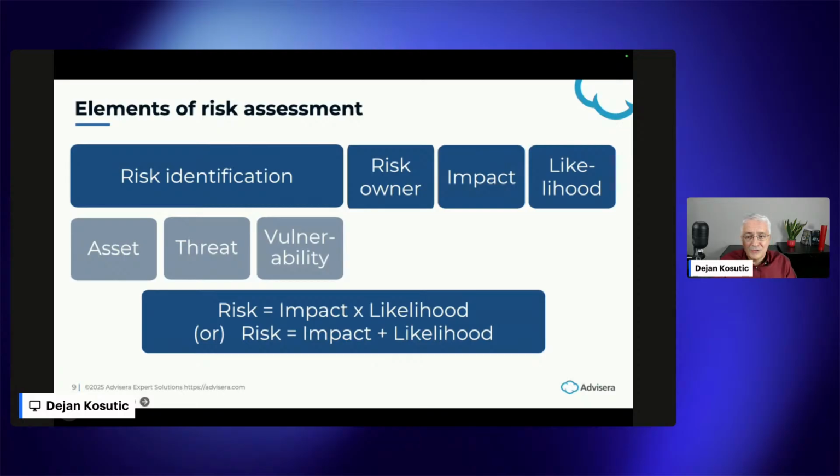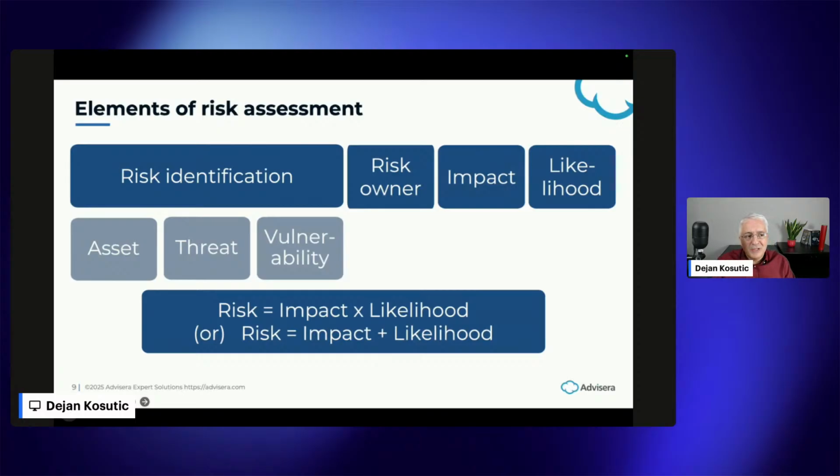Or you could also use addition. So if your level of impact is 3 and level of likelihood is 4, 3 plus 4 equals 7. So both approaches are perfectly fine. It really depends on your preference, what you would like to use.